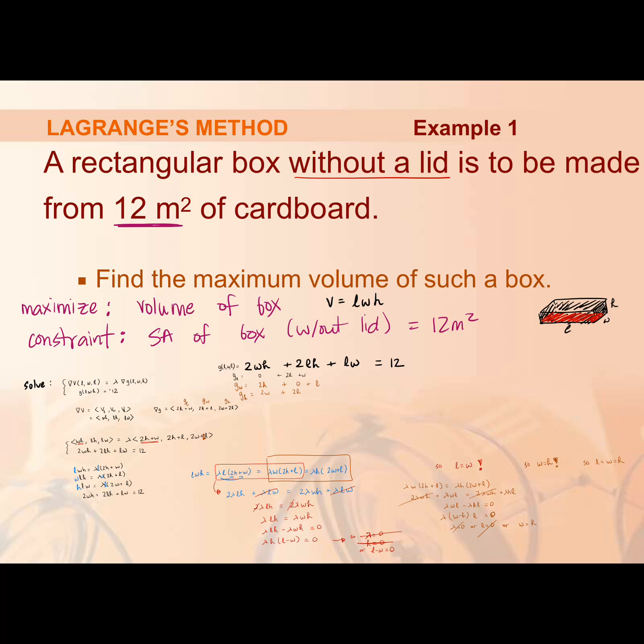So now, putting in this 2, this is now a 2. The reason why I was suspicious is because L, H, and W aren't symmetric in here. They are here, but down here, there's a difference between L, H, and W because we're not including the lid, right? So we've got 2, 2, and 1 as our coefficients.